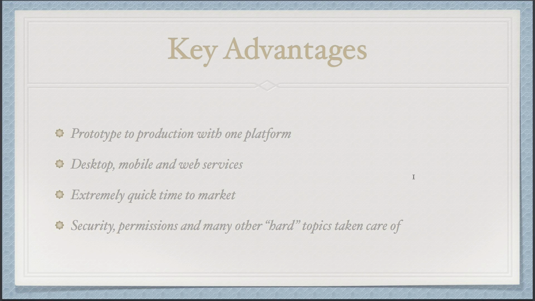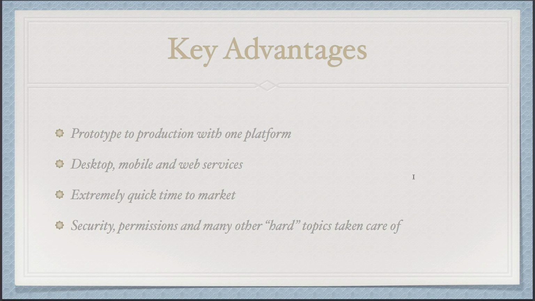So what are the key advantages of the Wakanda platform? To me, these are the top four. You can go from prototype to production with one platform. The Wakanda server is a great performing server, can handle a lot of load, but you don't sacrifice usability from the developer's vantage point for that performance.